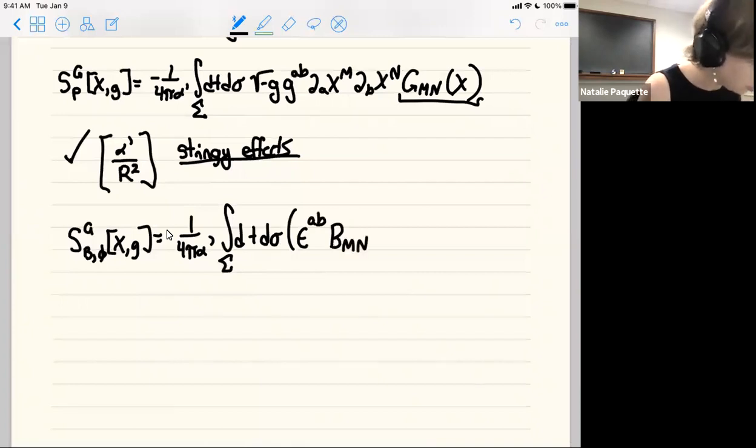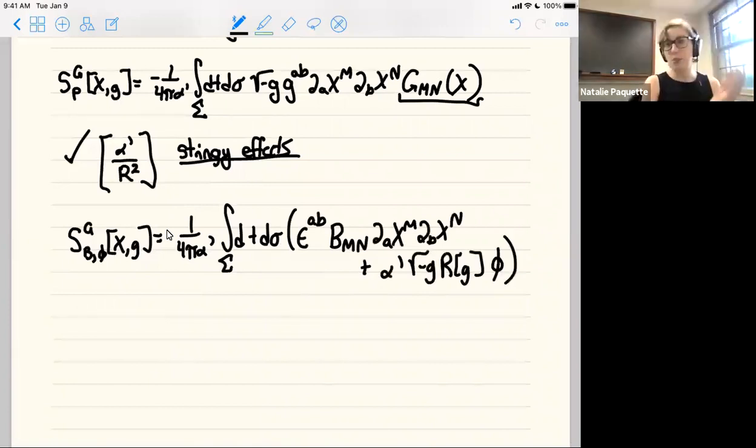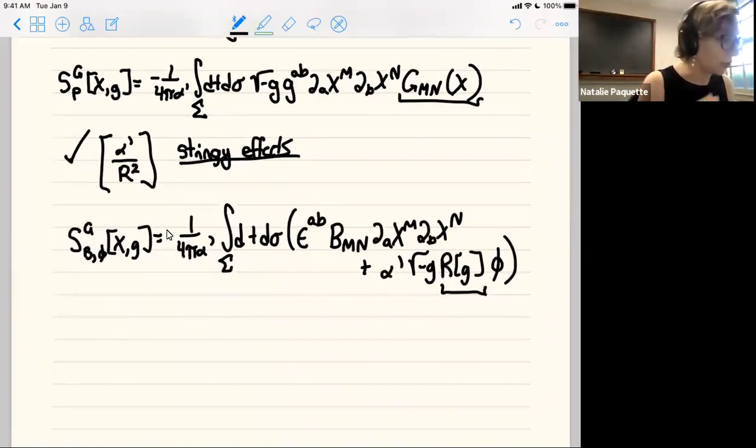And of course, there's one term corresponding to an anti-symmetric tensor field, which you all know and love. And another term involving a scalar field, which you all probably already know and love. So we have the B field and the dilaton. So here, R of g is the curvature scalar of the 2D metric on the worldsheet, with respect to my auxiliary metric little g.